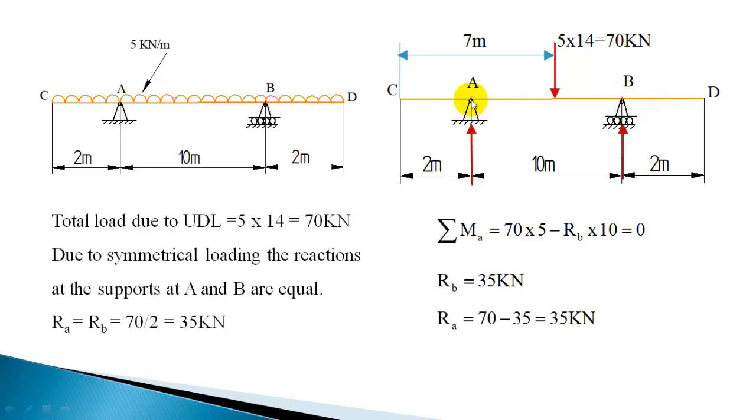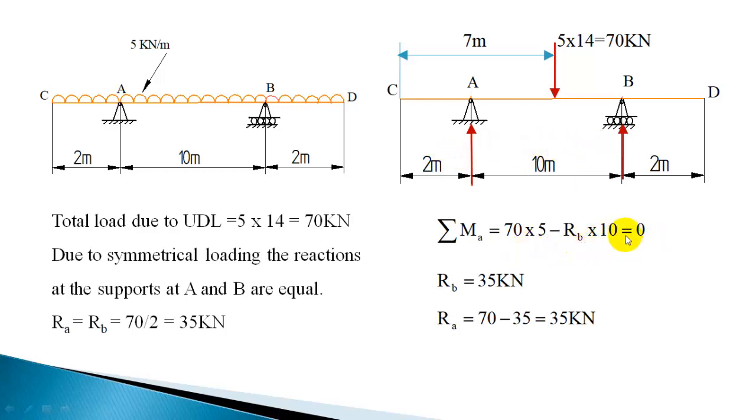So choosing A as a moment center, 70 into this distance you should calculate: totally 7, you should subtract 2, which will give 5 meter. So 70 into 5, which will be producing a clockwise moment, minus, this is anti-clockwise, so minus RB into 10 is equal to 0.